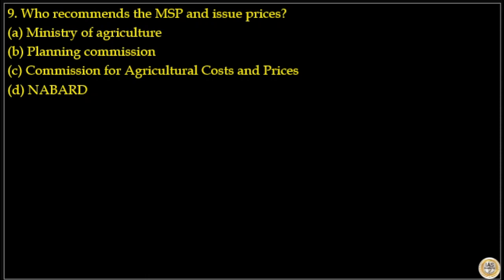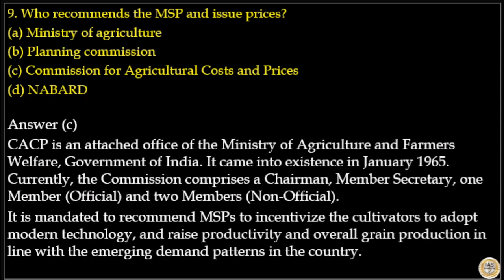Next question is, who recommends MSP and issue prices? Options are Ministry of Agriculture, Planning Commission, Commission for Agricultural Cost and Prices, NABARD. Here answer to this question is option C, Commission for Agricultural Cost and Prices, or CACP. CACP is an attached office of the Ministry of Agriculture and Farmers Welfare. It came into existence in January 1965.